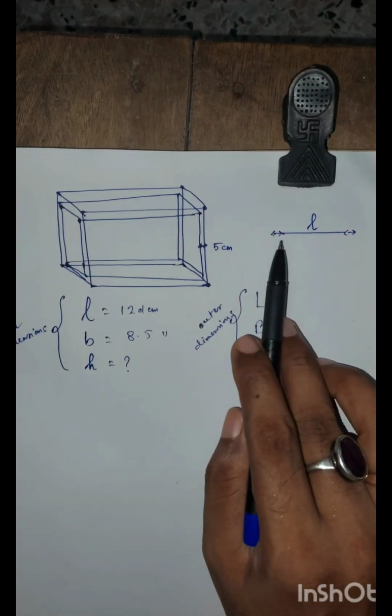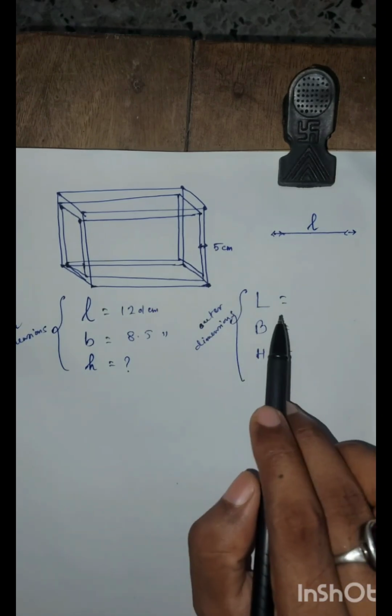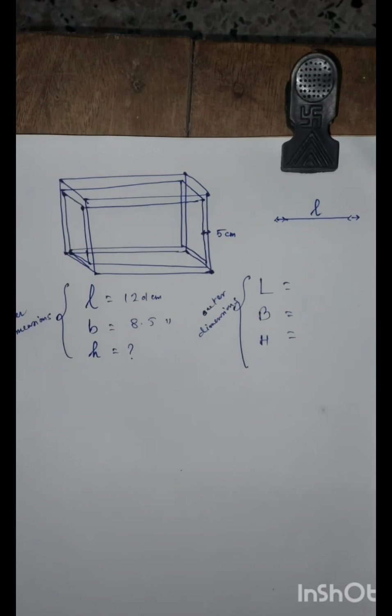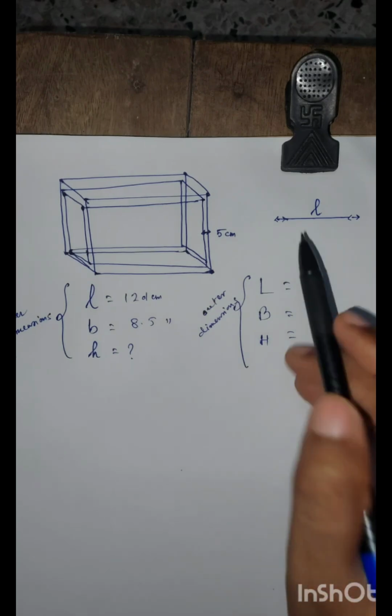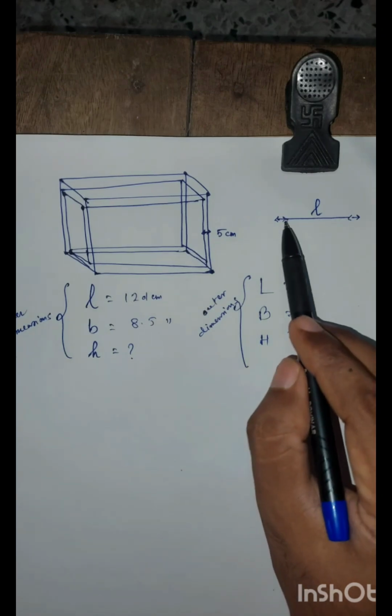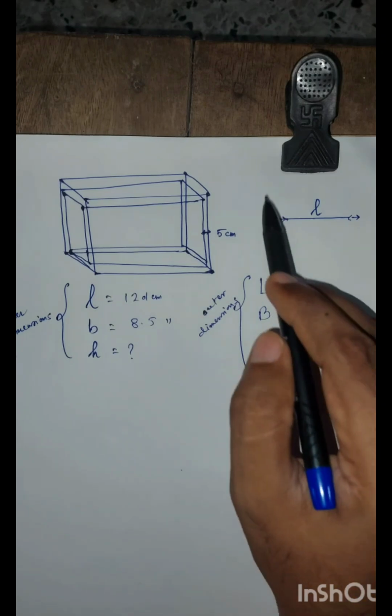That means we need to add thickness twice to 12 decimeter to find capital L. I am repeating again, to find the outer length we need to add thickness twice. This is our inner length. If we add thickness to the right side and to the left side, it will give us the outer length.